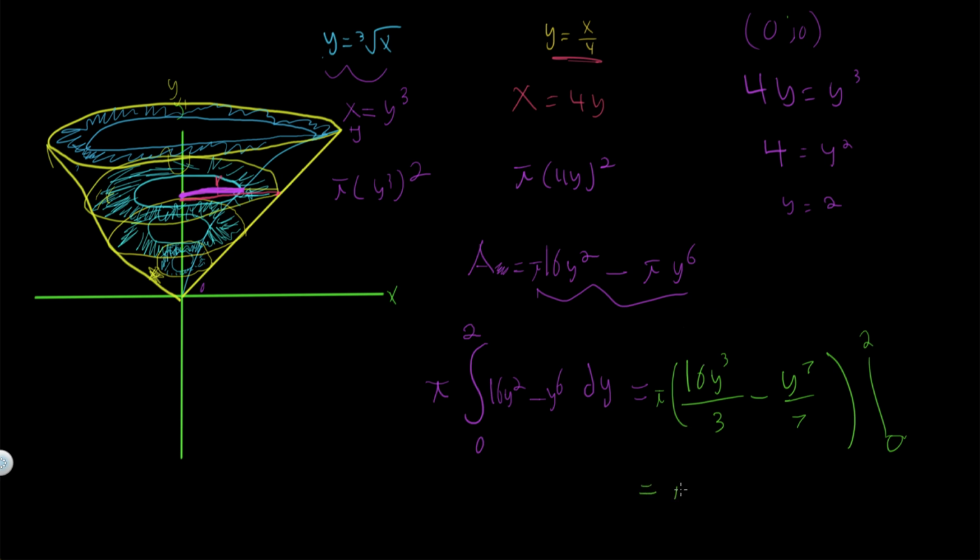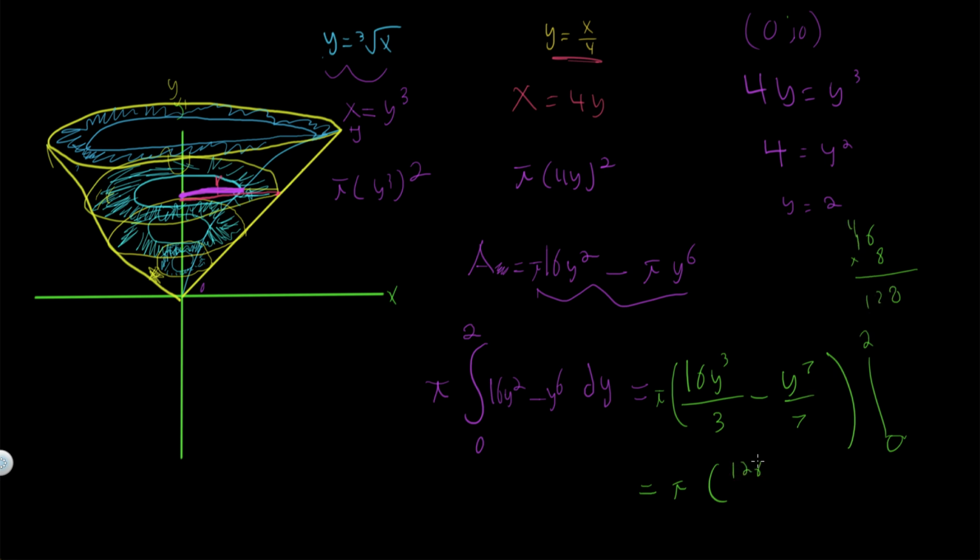So this is equal to pi times y to the third, that's 2 to the third, which is 8. So 8 times 16, that's 128.